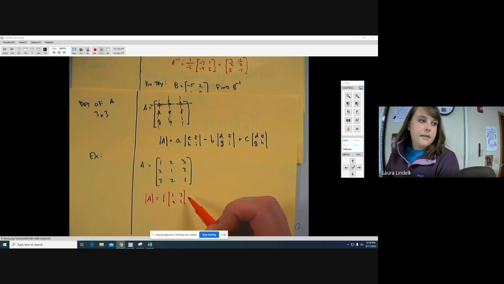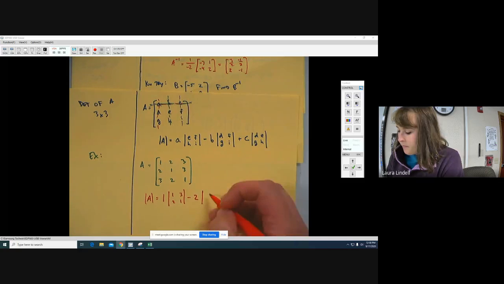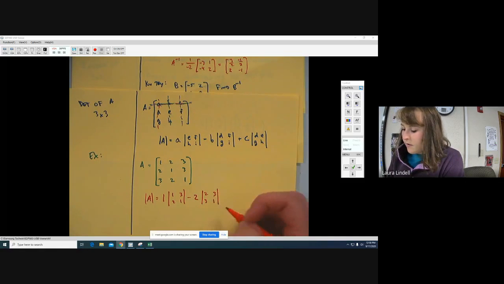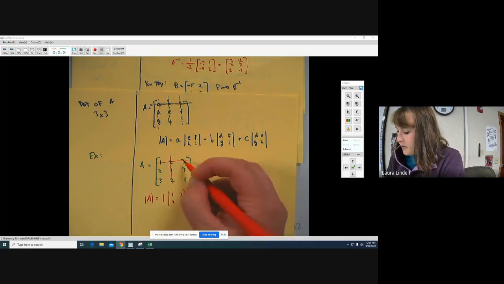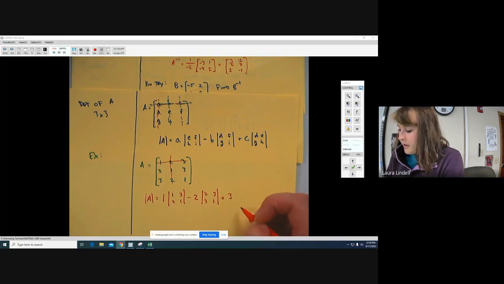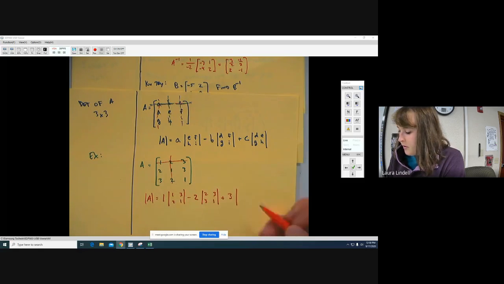And then minus the B value, so 2, times the determinant of 2, 3, 3, 1. That's what we'd have left over. And then plus C, which is 3 in this case, times the determinant of 2, 1, 3, 2.